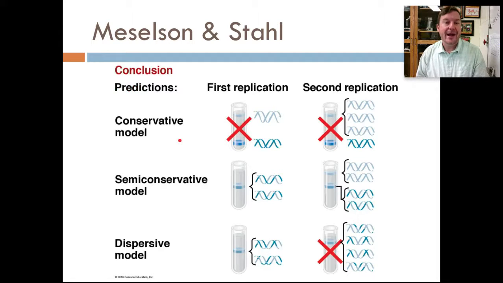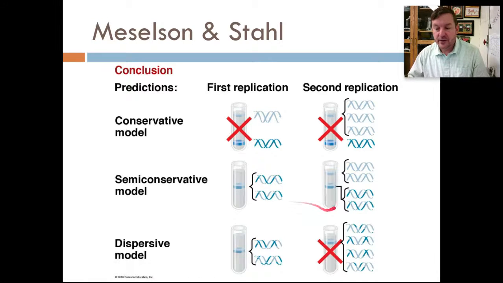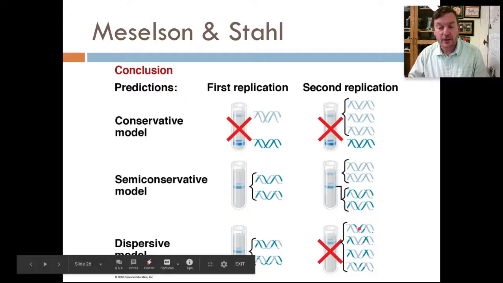And what they found afterwards was that all of the offspring bacteria had gotten DNA that had one of the original strands in the first generation after reproduction, which means if you have one strand in each of the 2 replicated double strands, you're doing semi-conservative, but they had to do a second replication to make sure that it wasn't the dispersive model, which would have had all the strands with a little bit of DNA with radio labeling.